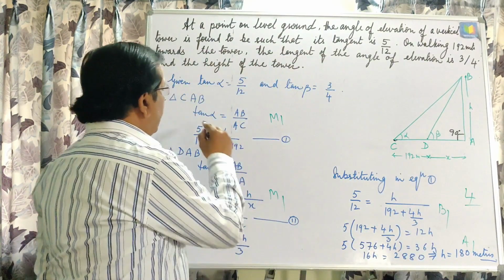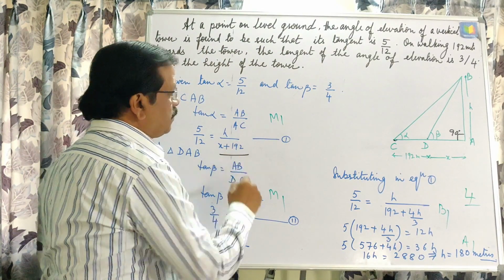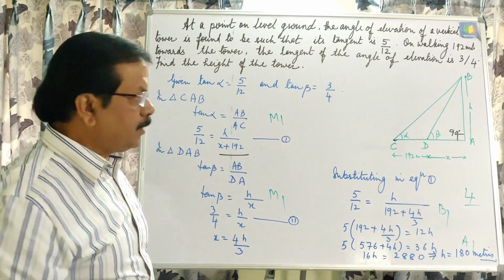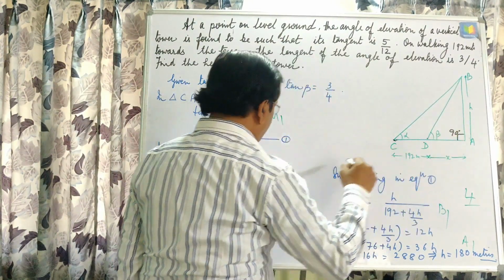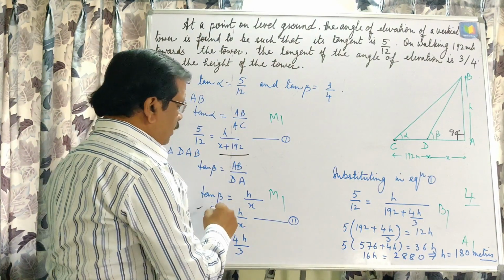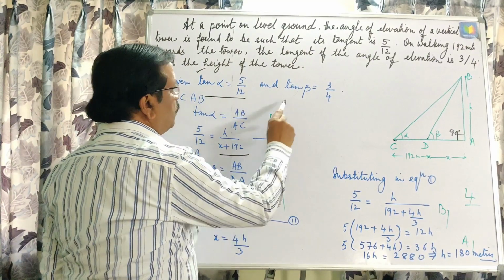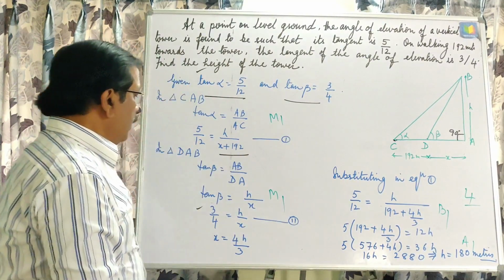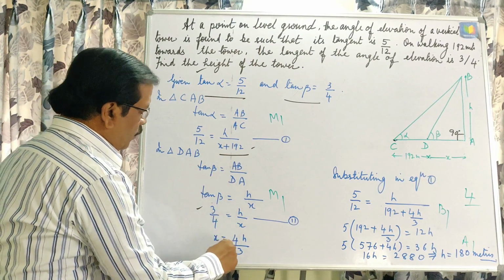And so tan alpha is equal to AB upon AC, so h upon x plus 192 meter. And second equation, tan beta is equal to h upon x, and the value is given in the tangent form in the ratio 5 upon 12 and 3 upon 4. Writing these values, 5 upon 12 is this and 3 upon 4 is this.